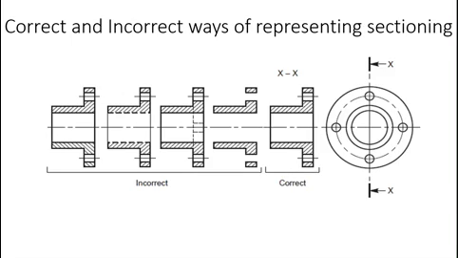Okay, there are some correct and incorrect ways of representing sectioning. The drawing shown on the screen shows different views. You have a drawing here on the right side, and in that drawing there's a section line passing through the middle, section XX.